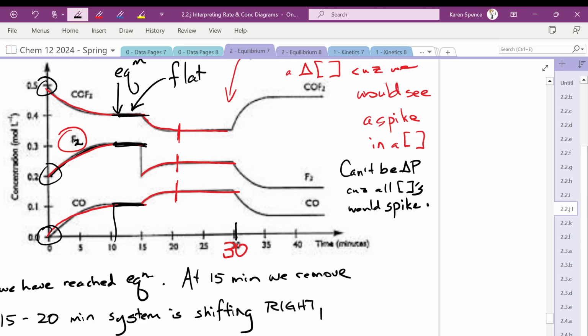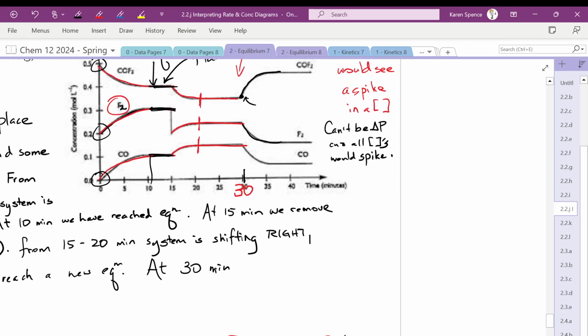So it's not a change in concentration that causes this shift here. It's not a change in volume or pressure because we would see spikes. So what does it have to be? It has to be a change in temperature. Okay, so at 30 minutes, we had to have had a change in temperature as the stress.